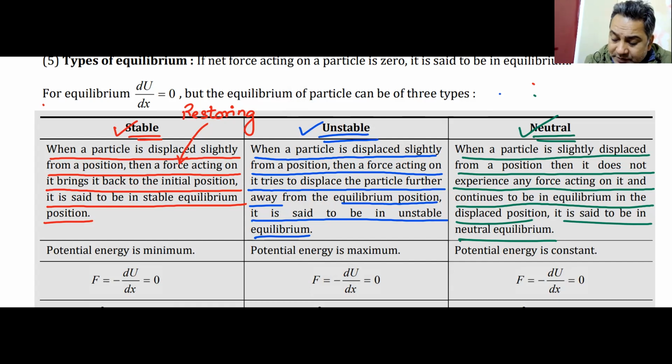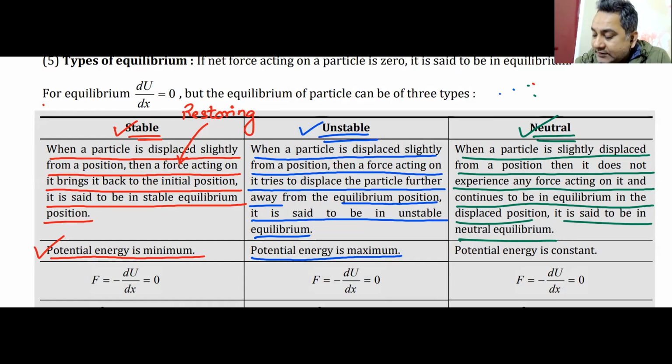Now let us move on to the second point, with the red. For stable equilibrium, potential energy is minimum, so it is at the bottom of the hill. For unstable equilibrium, the body is on the top of the hill, marked in blue.